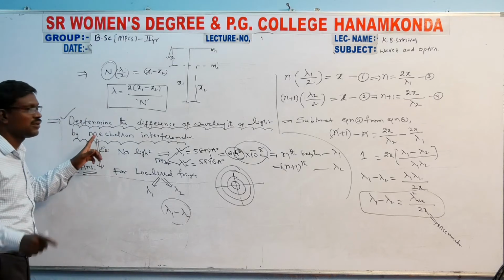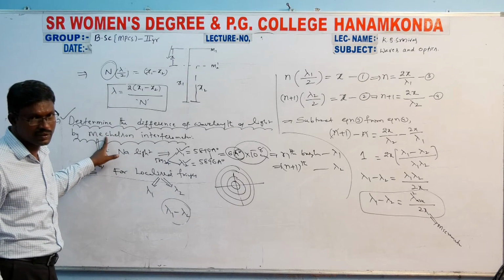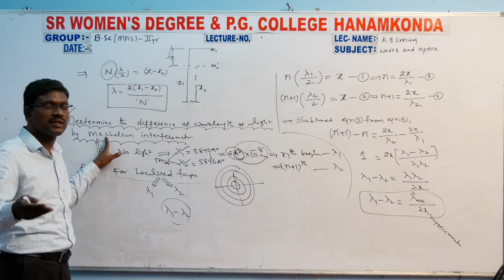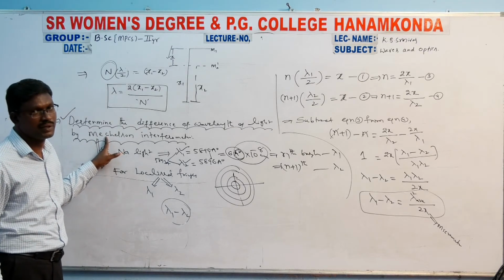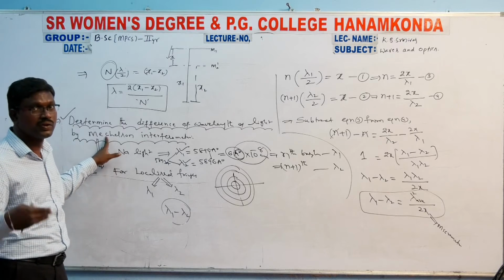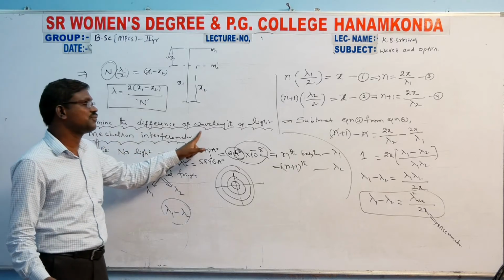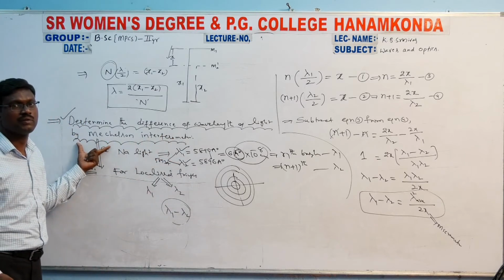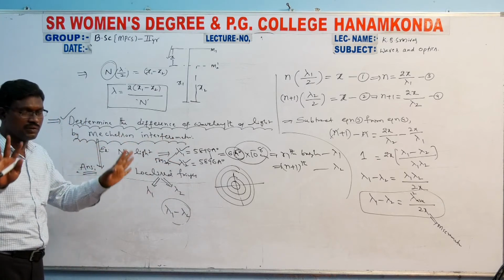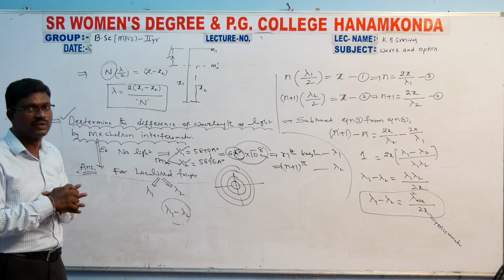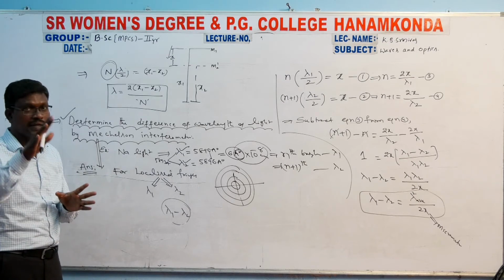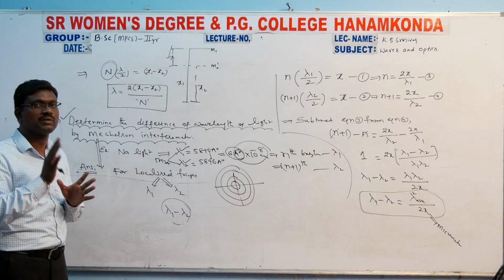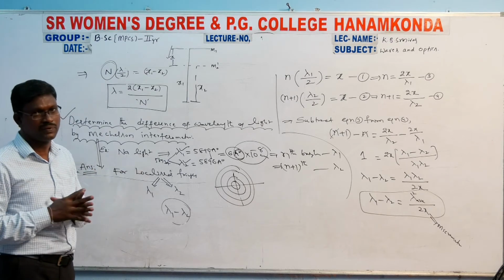If they ask what is Michelson interferometer, explain its construction and working, and also explain how the difference of wavelengths of light is calculated by Michelson interferometer. If they ask like that, first of all you have to explain the construction and working of the interferometer. You have to draw the diagram actually. After that you have to explain the construction and working of the interferometer.